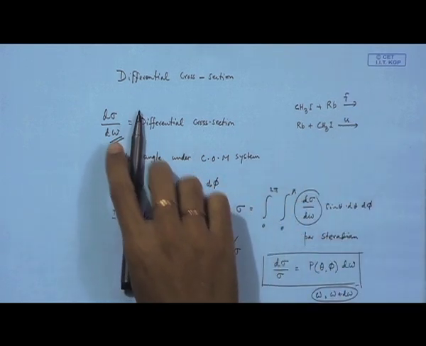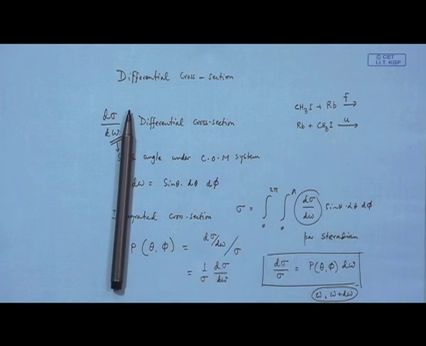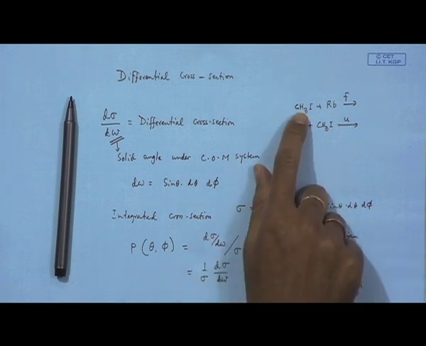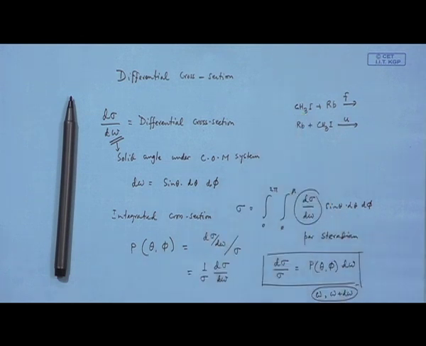In that particular case, you can have your favorable or unfavorable orientation by applying an external electric field, so that the CH3I dipoles will be oriented in a definitive fashion with respect to that external field. Here in the crossed beam experiment, we are just allowing these two crossed beams to interact at an angle of 90 degrees.